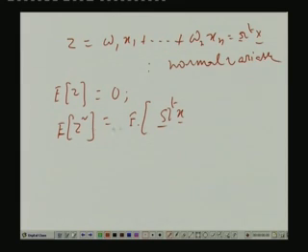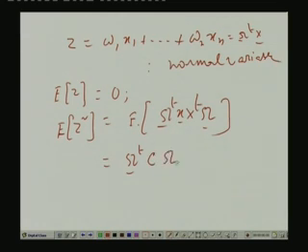So, z into z transpose will be the same as z square as long as z is a scalar. If you take the transpose of z, you get x transpose omega, and you can push this E operation directly onto x x transpose, because that is the only random part. So, omega transpose C omega, where E of x x transpose is C, the input correlation matrix.